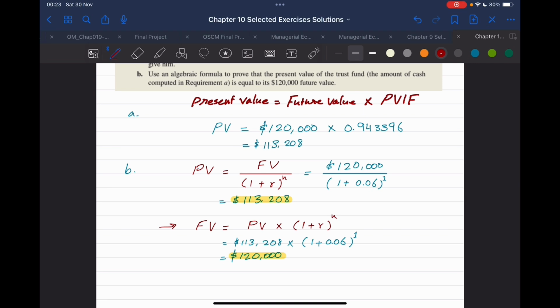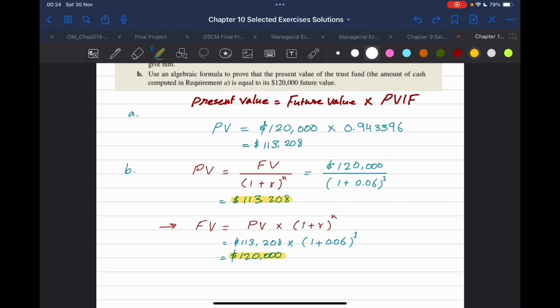Typically, most of the questions that you're going to get in your exam most likely are not going to require you to use the mathematical calculation, but you definitely need to know this, okay? Especially the simple or single amount present value formula, which is this one.